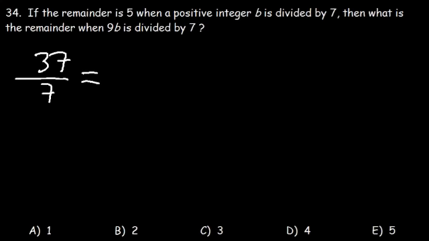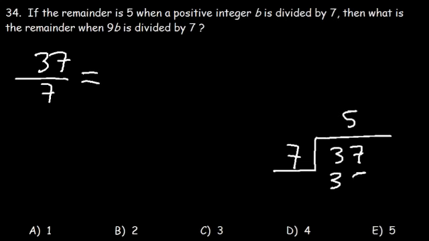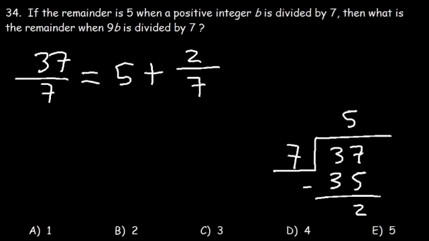So if we were to use long division, we can see that 7 goes into 37 5 times. And we can see that 2 is a remainder. So in fraction form, we know that 7 goes into 37 5 times, and the remainder is 2. And since we couldn't divide it by 7, we leave it as 2 over 7.